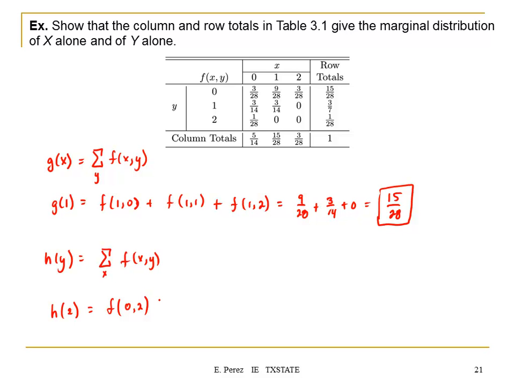So you go f of 0, 2 plus f of 1, 2 plus f of 2, 2. In that case, that will be 1 over 28. Okay, so this is the same thing I repeated. I just wanted to show you with the formula and with the formal use of the function. That makes sense? We're going to look at the continuous case now.